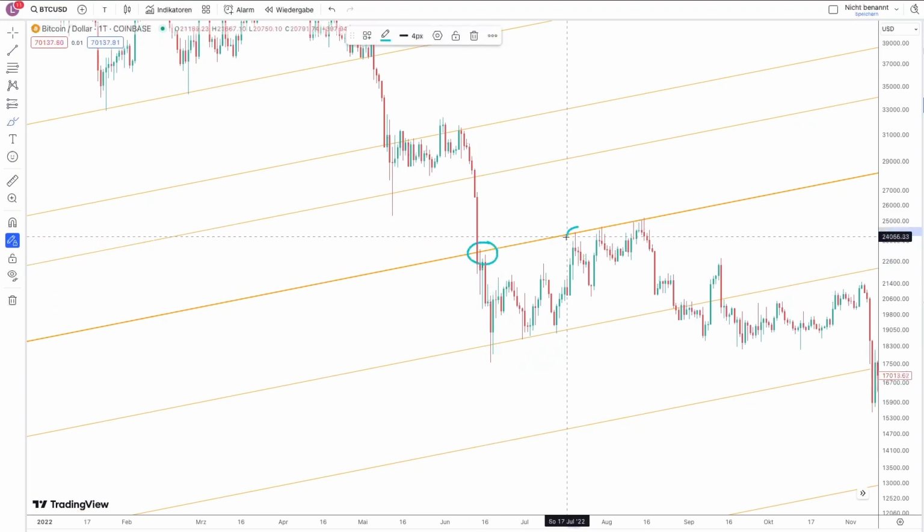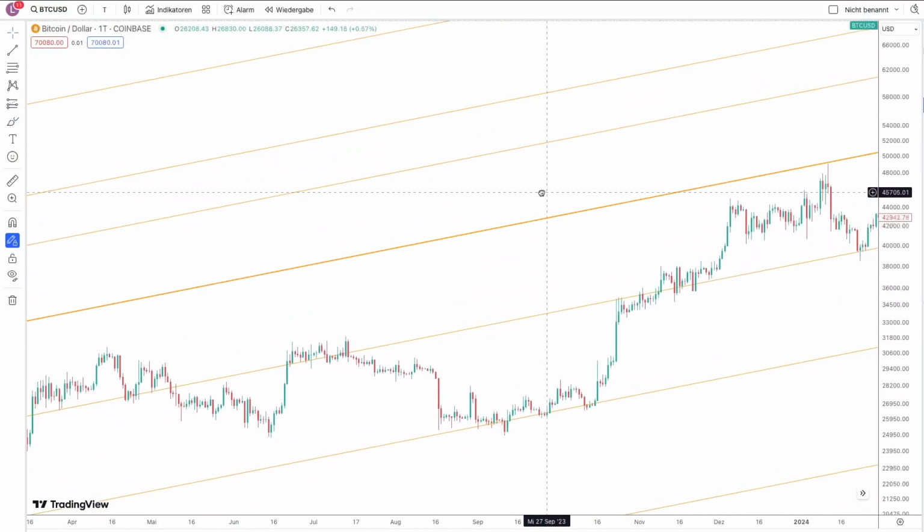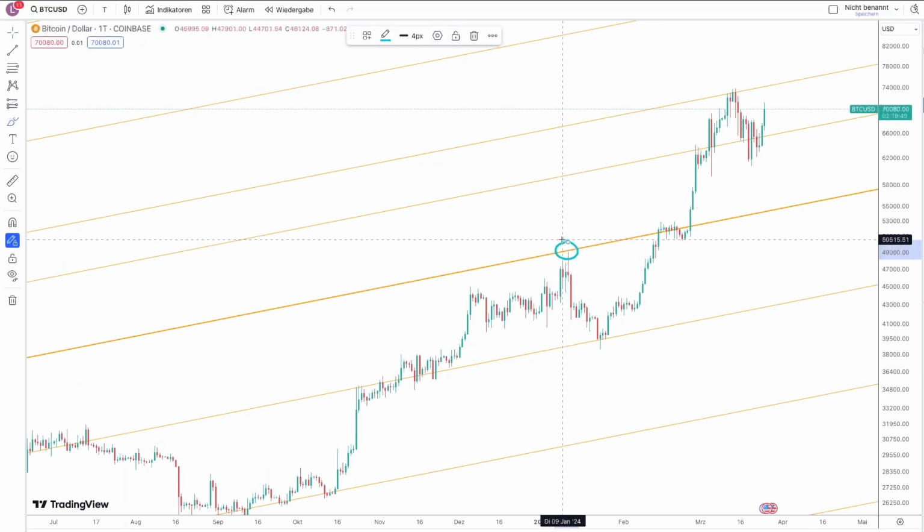We had here 3 times of very precise resistance. And our last touch point we see here in January of 2024. We had here a short resistance and then here a kind of up and downward movement.